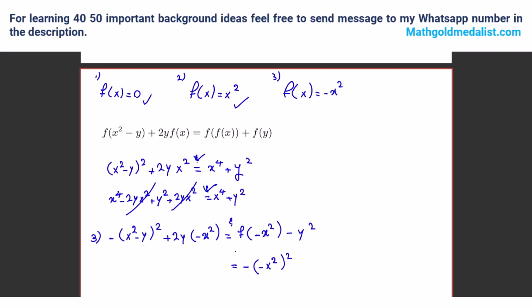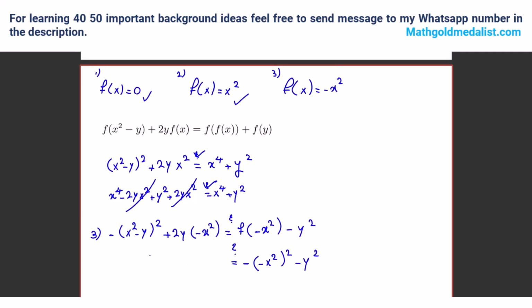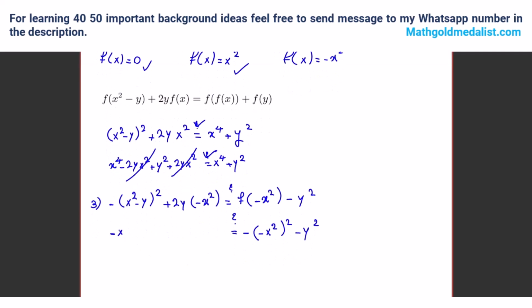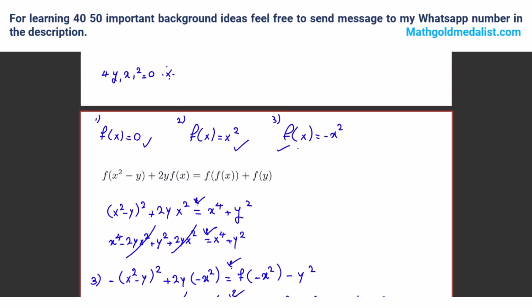We want to see are they equal or not? Minus y squared. This one would be what? Minus x to the 4 minus y squared plus 2yx squared minus 2yx squared. So we can cancel these two terms. Here it would be what? Negative x to the 4 minus y squared. They are equal. So we proved the third one also is an answer.